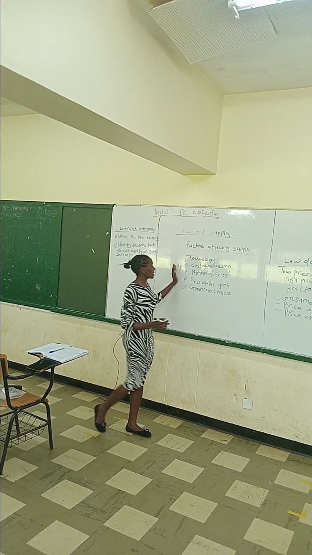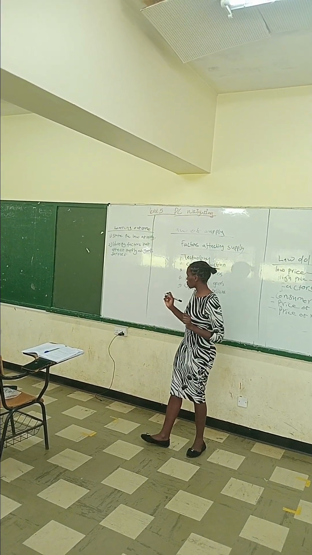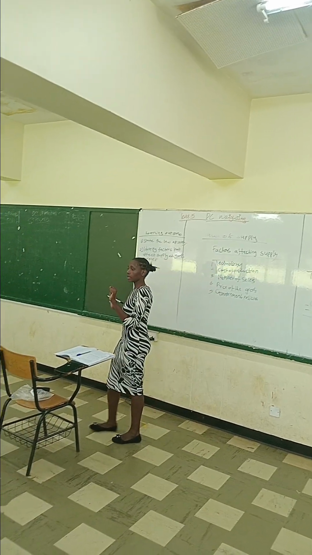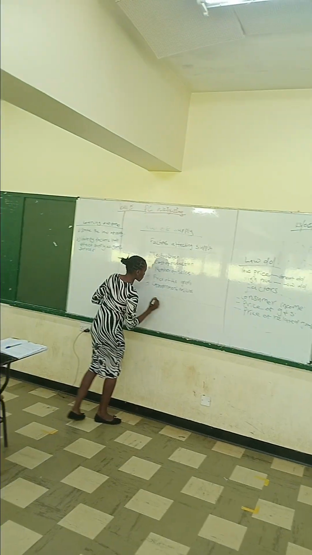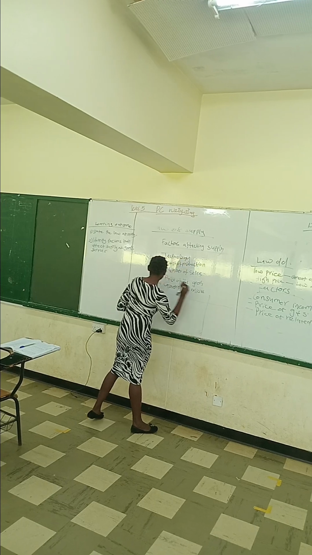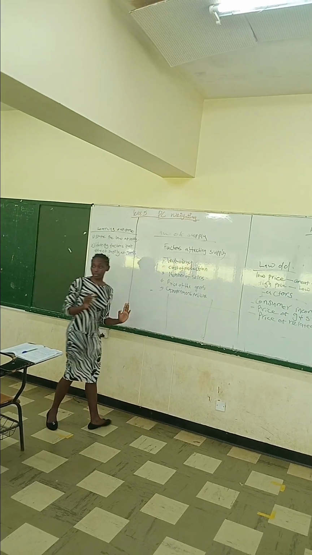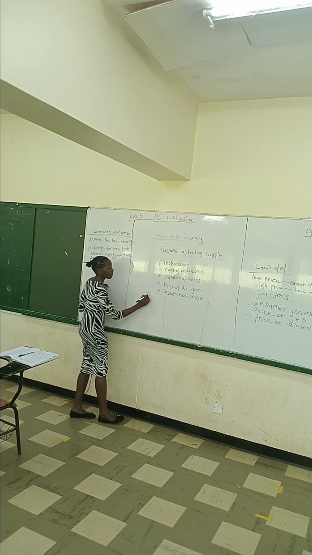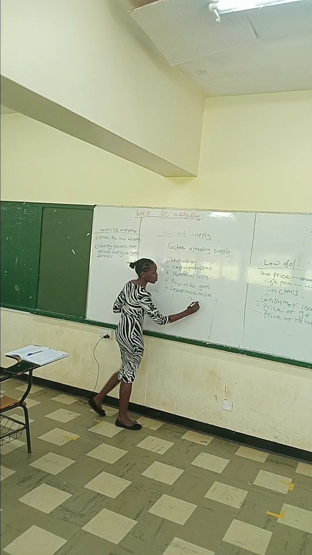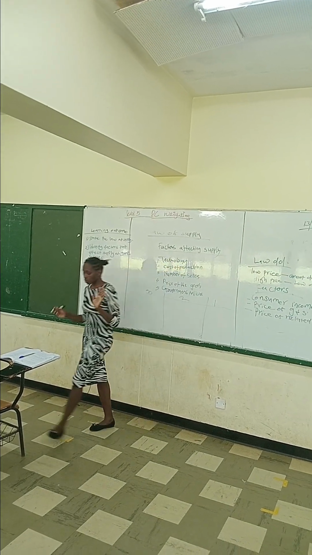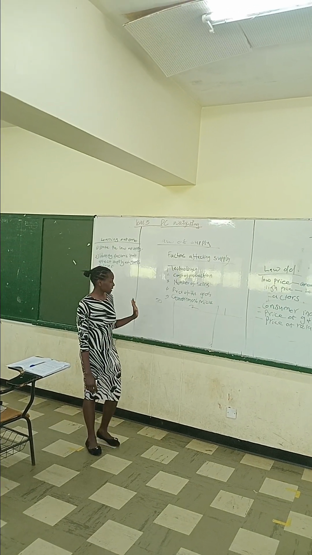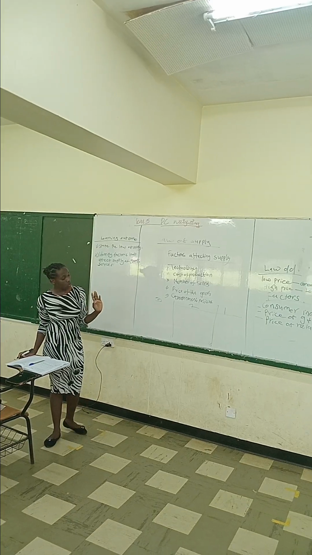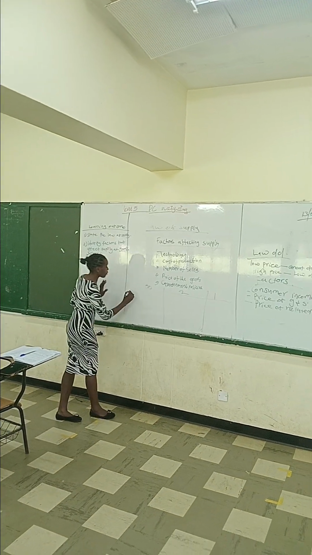And so, having looked at this, there is a sticky note I've given you. On that sticky note, I want you to draw 3 columns. In the first column, write 3 factors that affect the supply of goods and services.